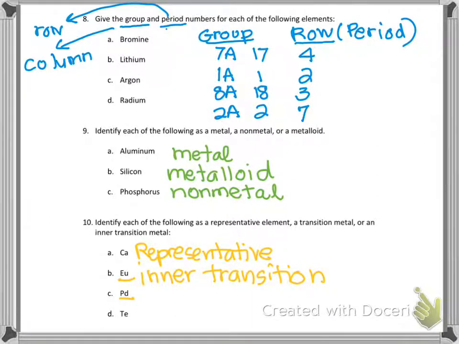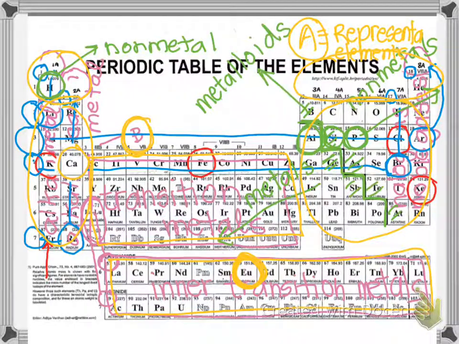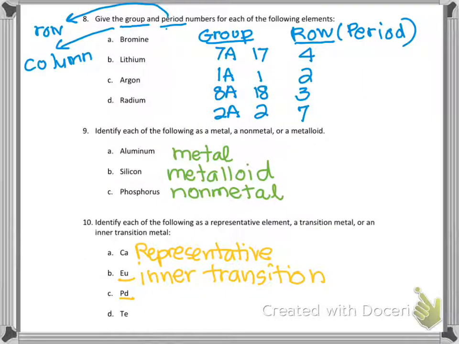Pd, which is palladium. And we have to find palladium, and I see it right here. And notice this is in a group with the B's. This is in the transition metals. Sometimes they call it transition metal, or they could call it transition element, or it could even be called transition metal elements. So don't let that throw you off.